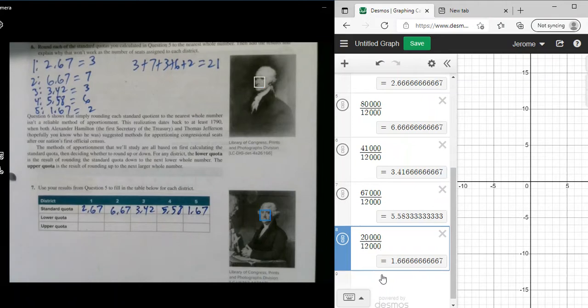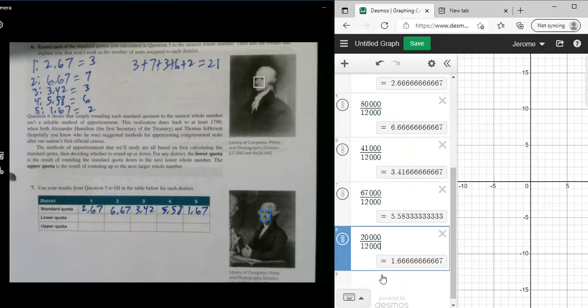Okay, these are the standard quotas for all of these districts here. Now, did everyone understand when I read how you will find the lower and upper quota? Does everyone understand how to find the upper and lower quota?